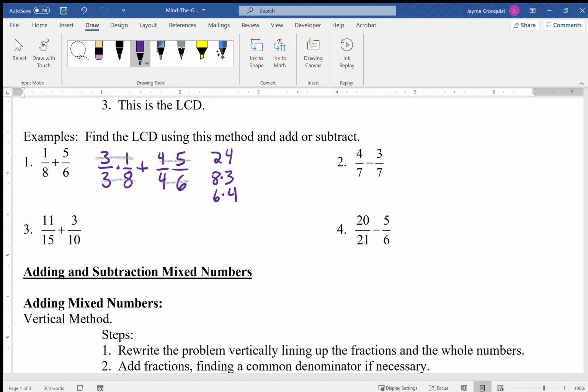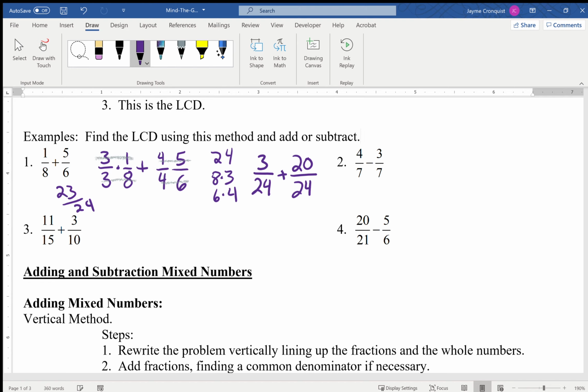So 3 times 1 is 3. 3 times 8 is 24. Plus 4 times 5 is 20. And 4 times 6 is 24. So now I have a common denominator. So now I just add the 3 and the 20, and my answer is going to be 23 over 24.